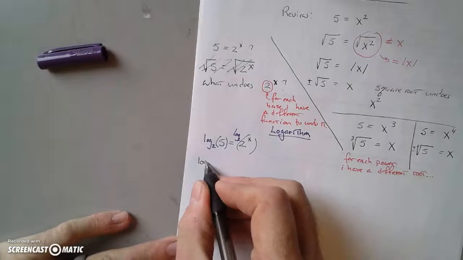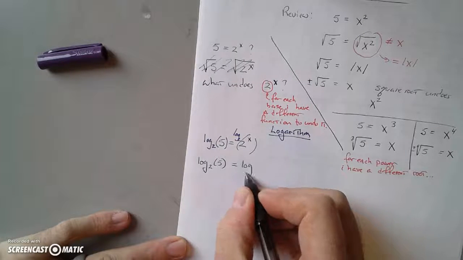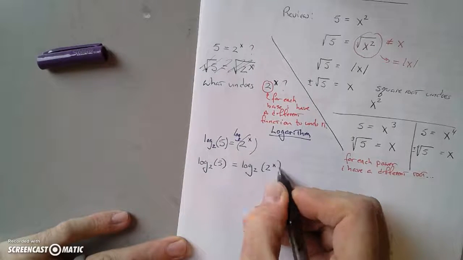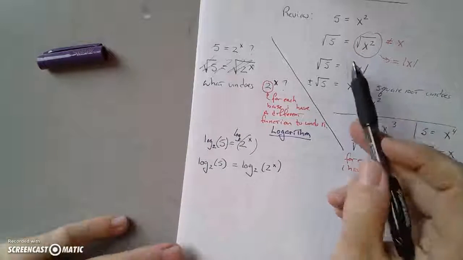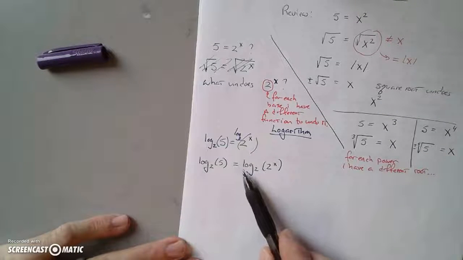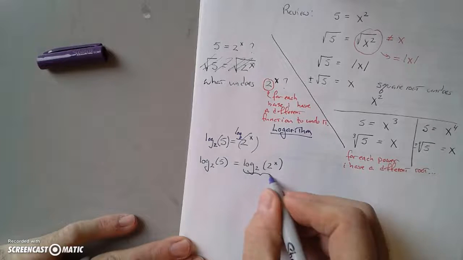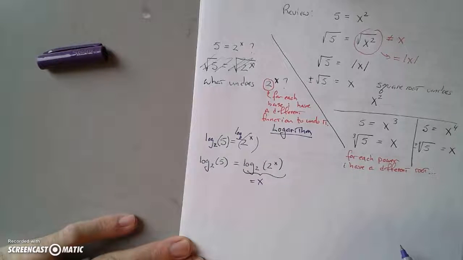And then I have log base 2 of 5, whatever that is, equals log base 2 of 2 to the x. Now, just like the square root of x undoes the square and the cube root of x undoes the cube, so does the log base 2 undo 2 to the x. So this ends up being just x.